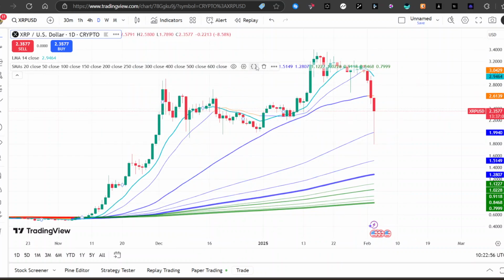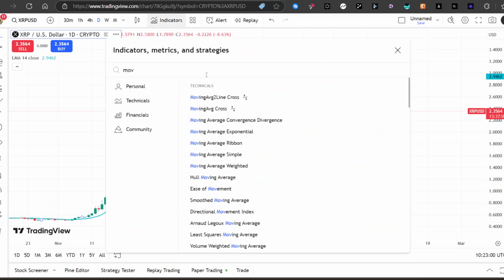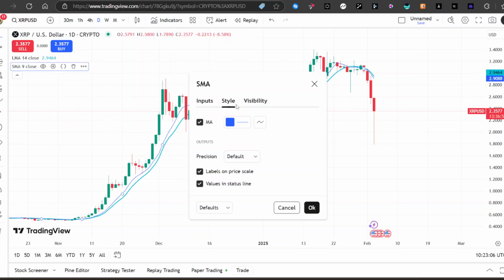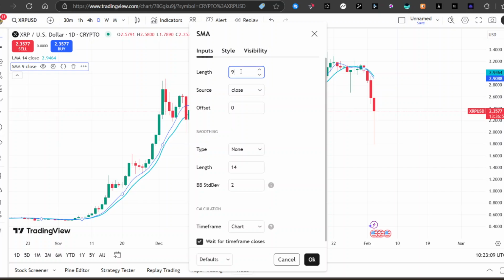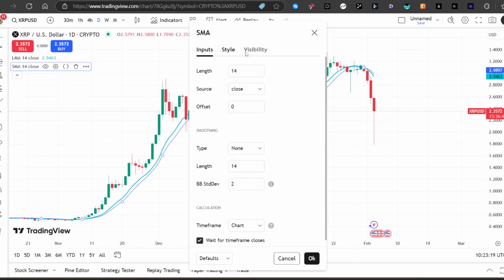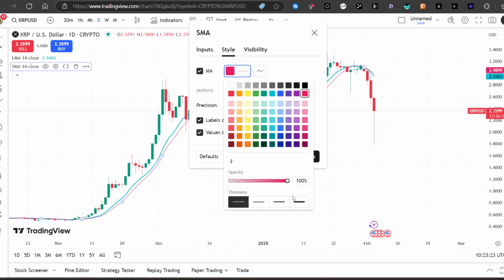Okay, sorry, I'm going to add it in a different way. I want to add a simple moving average with the same period, so I'm going to change this to 14 so we can see the difference. In fact, let me just change the color, make it much more different.